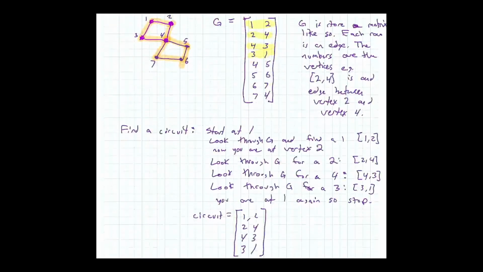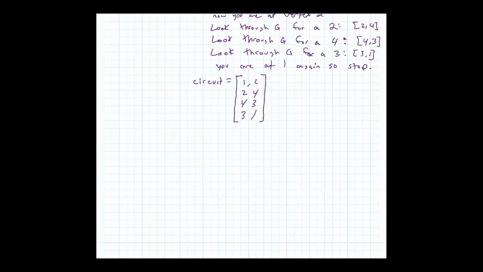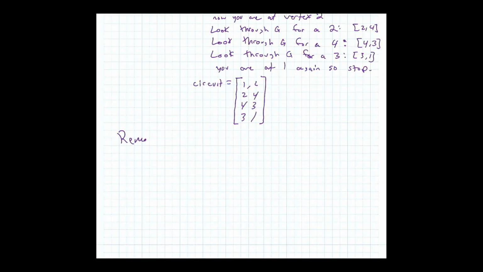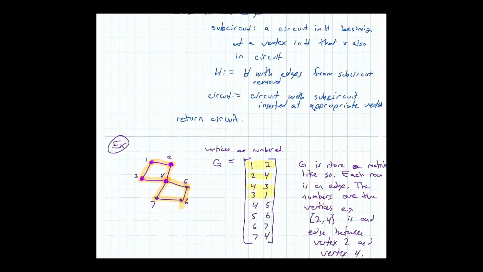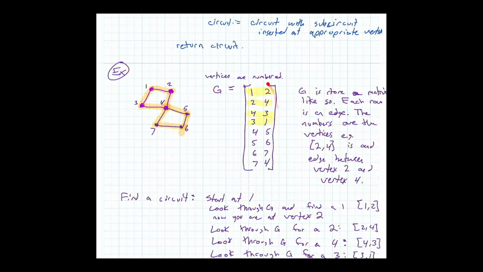Okay. So then we have to remove the circuit from G. So what you're going to do is, of course, you have the circuit is this, right? And G is up here, but I actually highlighted the circuit.